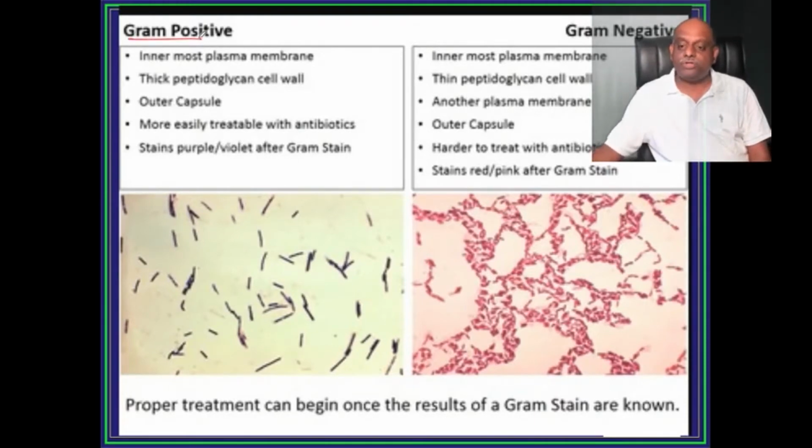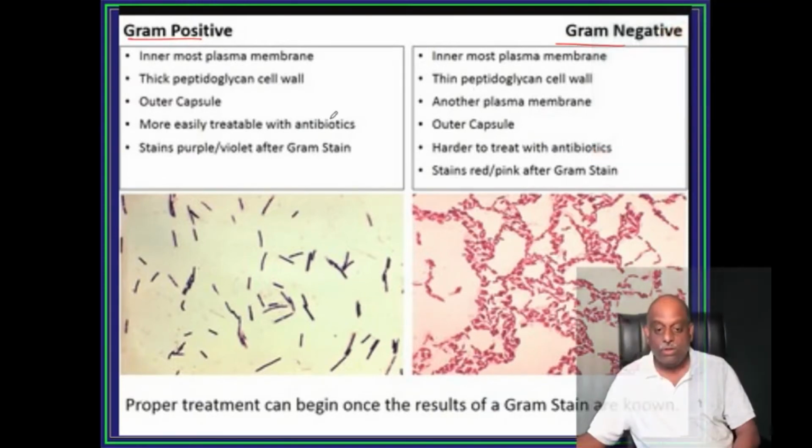So gram positive versus gram negative, one of the favorite questions of the examiner. Basically, there is an innermost plasma membrane in both of them. There is a thick peptidoglycan cell wall in gram positive, but a very thin peptidoglycan cell wall in gram negative.